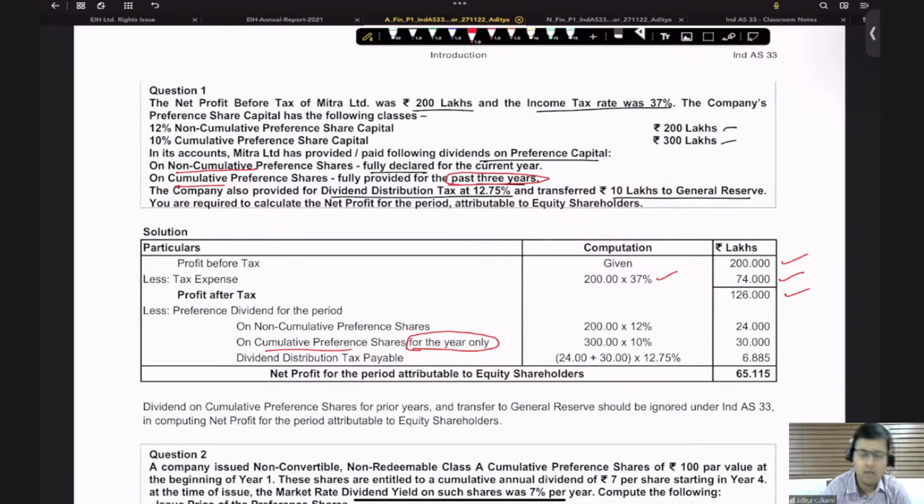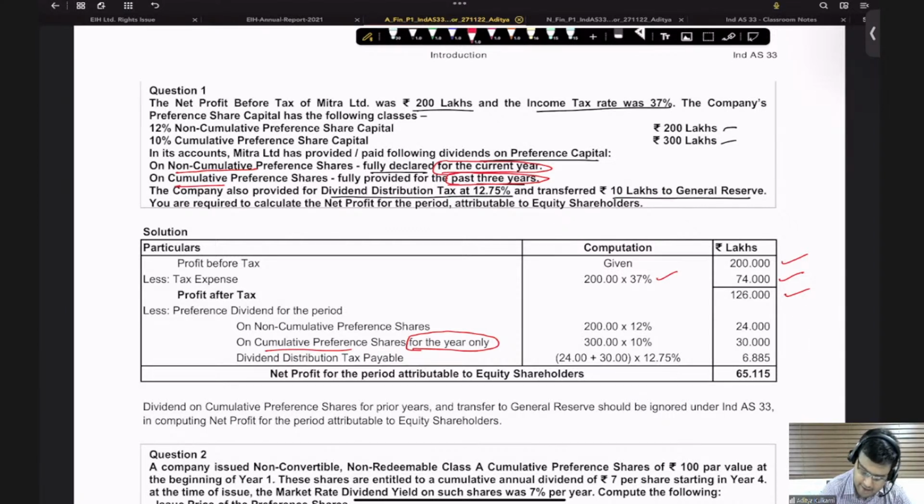Okay, non-cumulative means what? If you thought of paying today, pay it. If you thought of not paying, the liability will not accrue. Liability for dividends will not accrue, and therefore there is no question of accruing it year on year. So for non-cumulative preference shares, was something declared this year? Yes, fully declared for the current year. Okay, so we take only the current year. So this is going to be 200 into 12%, so 24.